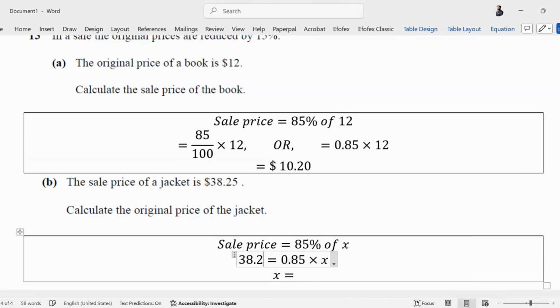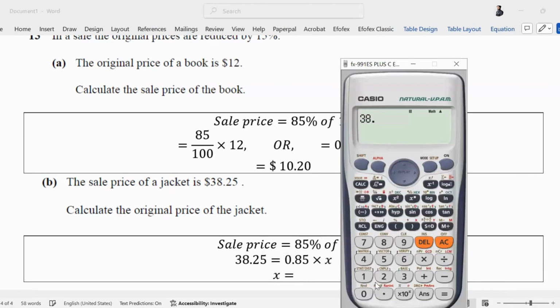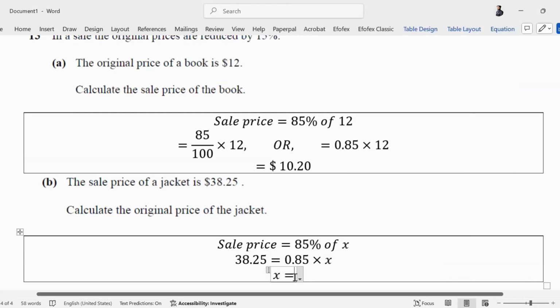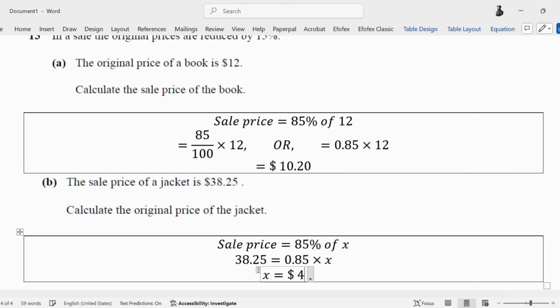Typo error, it's 25. 38.25 divided by 0.85, which means that the original price is $45.